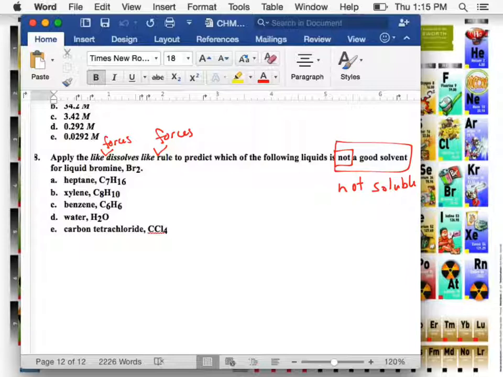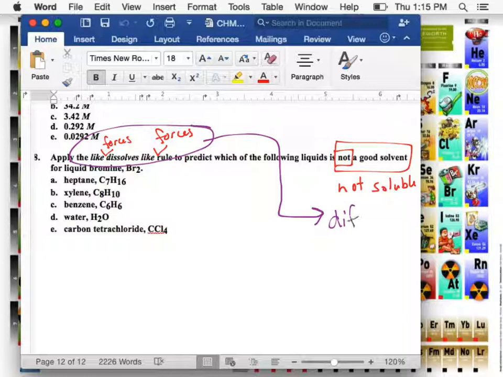Okay. Well, if I'm applying my like forces dissolves like forces, my not soluble means different forces. Okay. So I need to look and identify two forces.